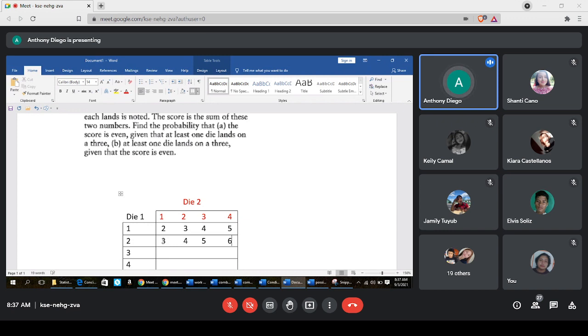And that will be 6. The other one here will be 4, 5, and this should be 6, 7.